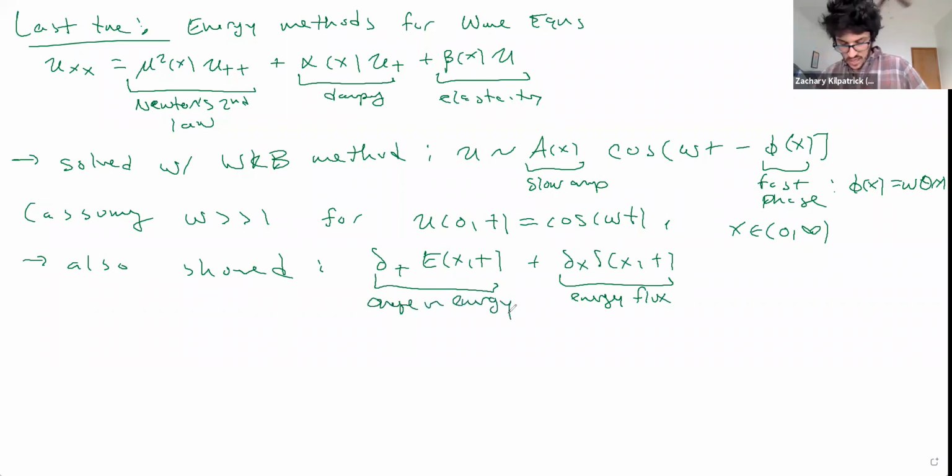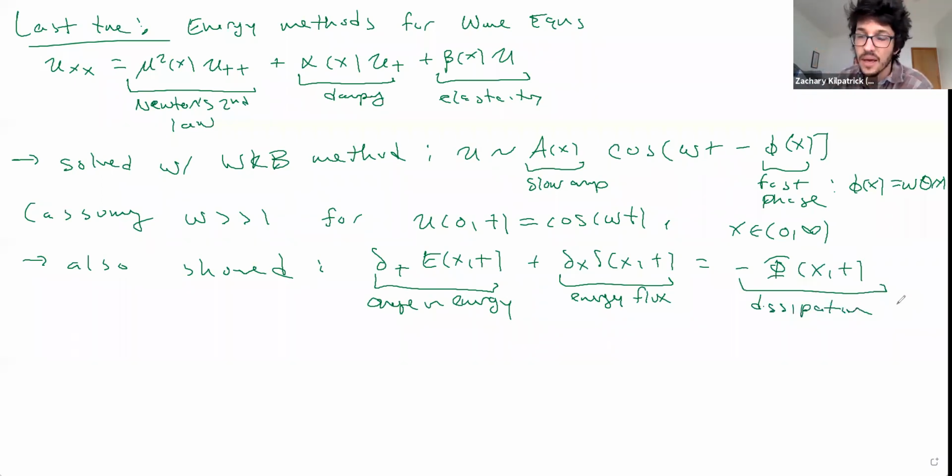So this is the change in energy plus the energy flux is going to be equal to the dissipation. So any change in energy that can't be accounted for by just energy flowing around in the string is the result of dissipation of energy. And if you had a conservative system, you would expect this term to be 0. Okay, but you don't expect this to be conservative because you have a friction term, which is leaking energy out of the system.